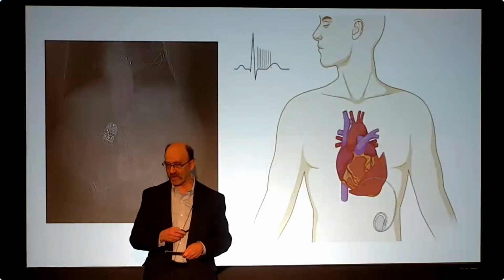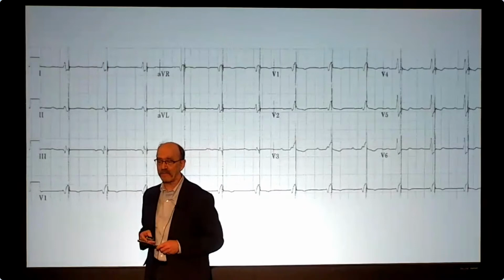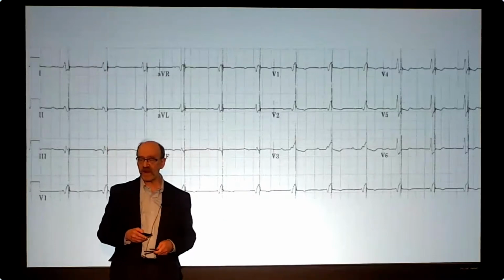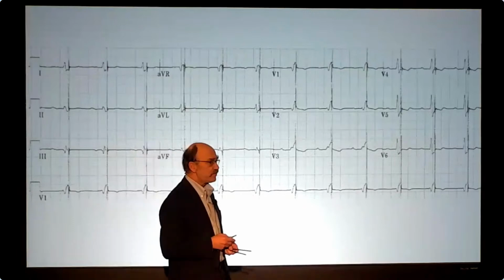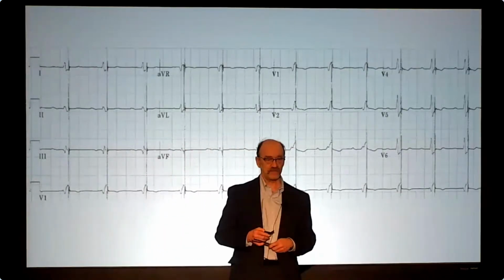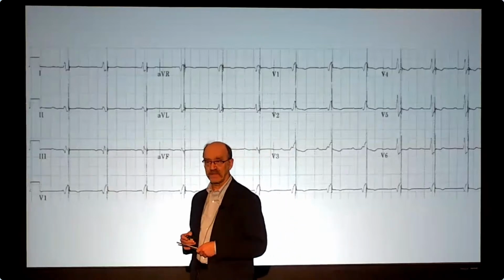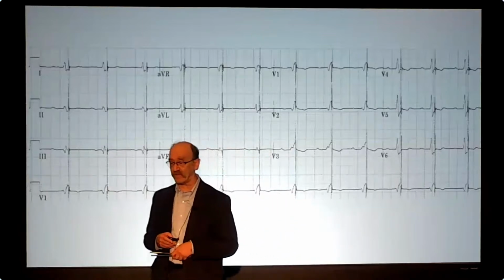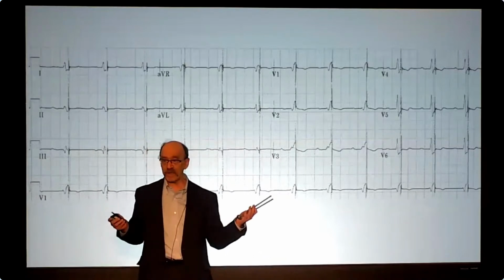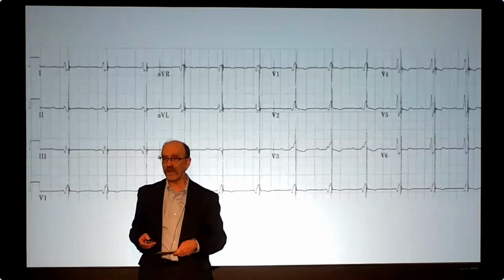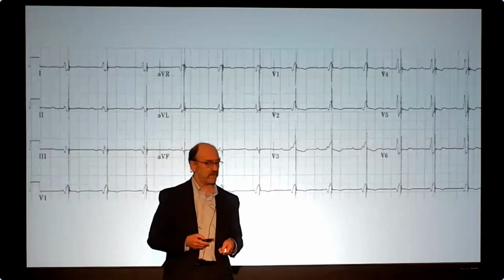So here's another example of a pacing artifact. Here we see there's a pacing spike in the QRS. Now that pacing spike should be in the absolute refractory period of the QRS, right? Everyone agree? I mean, you can't really capture ventricular myocardium during the inscription of the QRS.